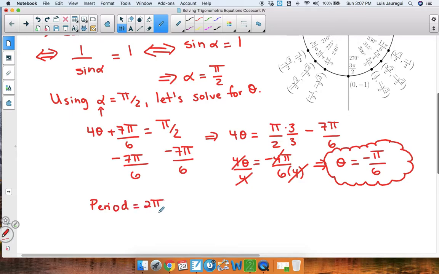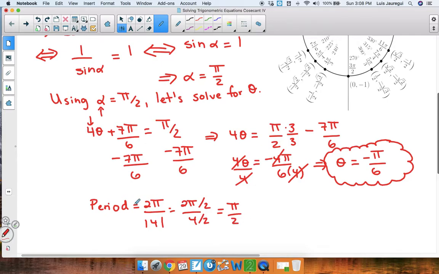So we take that 2 pi and divide by the absolute value of the coefficient of theta. In this case, the coefficient of theta happened to be 4. So we take the 2 pi and divide by the absolute value of 4, and we get 2 pi over 4, which after we divide both numerator and denominator by 2 becomes pi over 2.